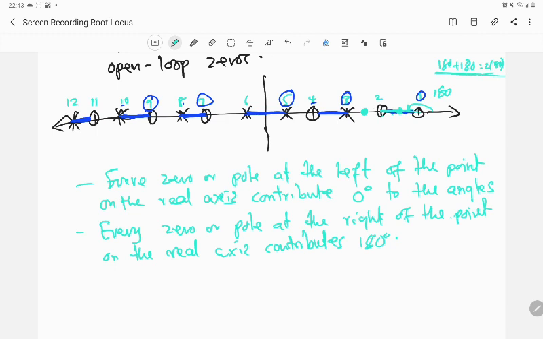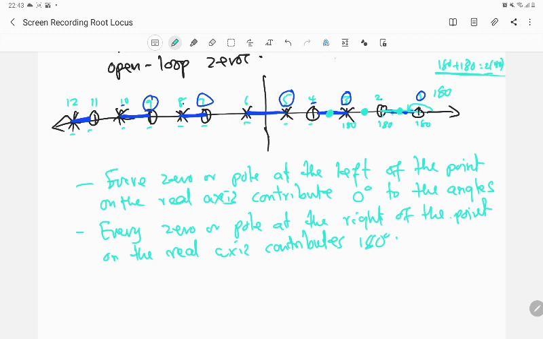So if you pick a point here, all the points to the left of that will contribute 0, 0, 0, 0. So we are not interested. But the points to the right will contribute what? This one will contribute 180, this will contribute 180, and that will contribute 180.